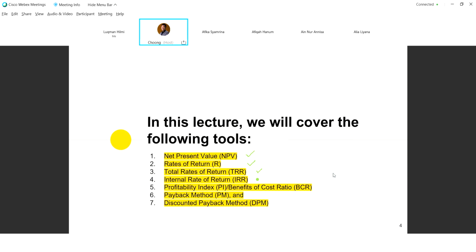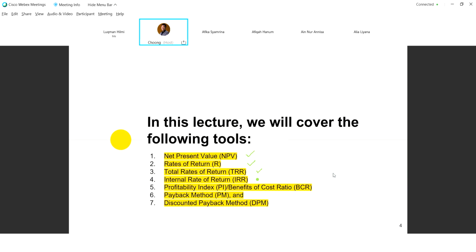Kita akan belajar IRR. So it's a very popular so-called investment decisions tool. So before they want to invest in a project, kita akan lihatlah NPV dia macam mana, rate of return dia macam mana, IRR dia macam mana. TRR sebenarnya tak ramai yang calculate TRR.